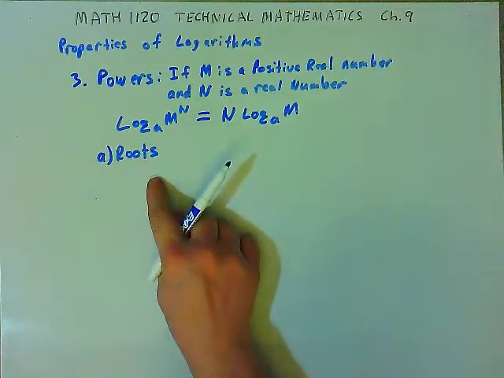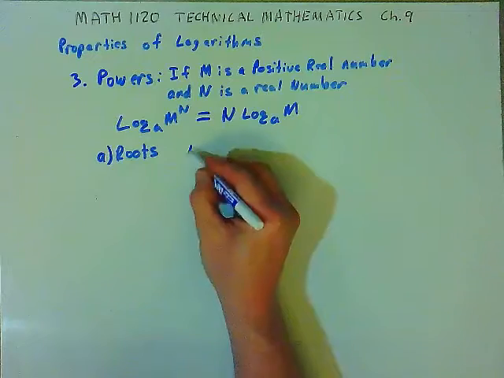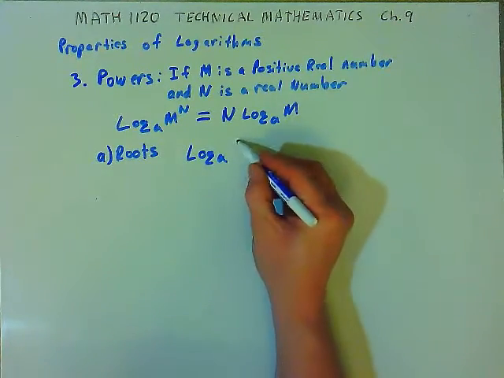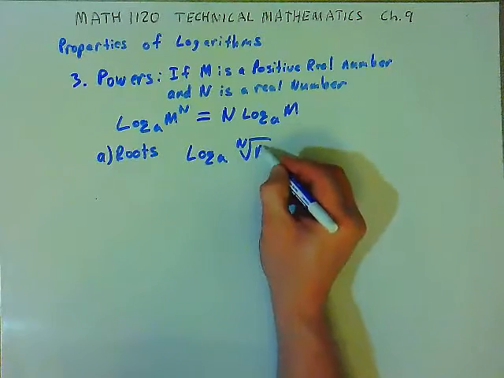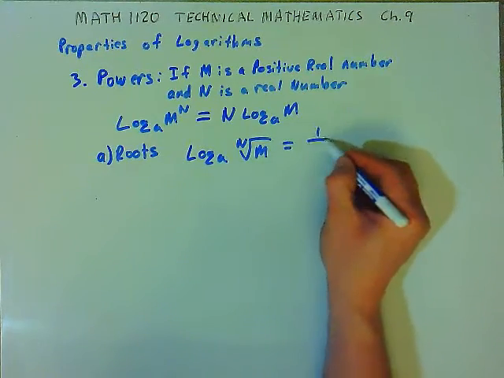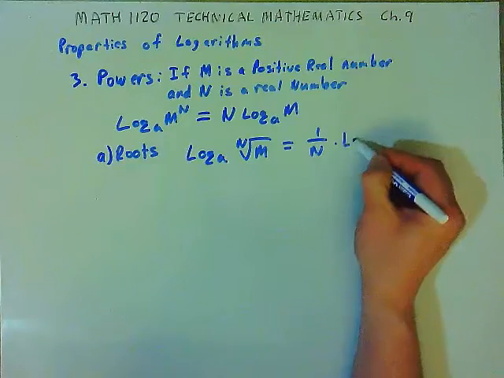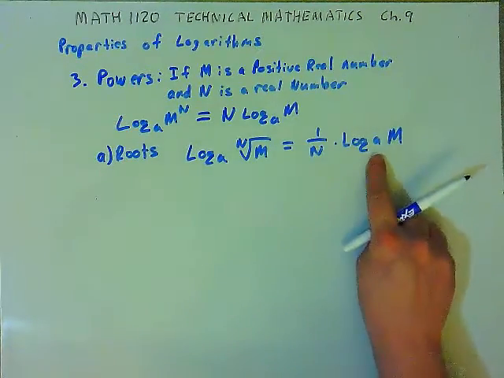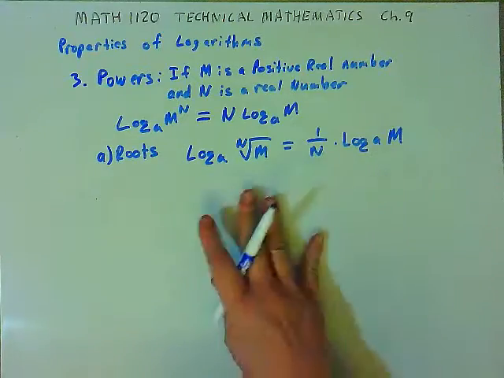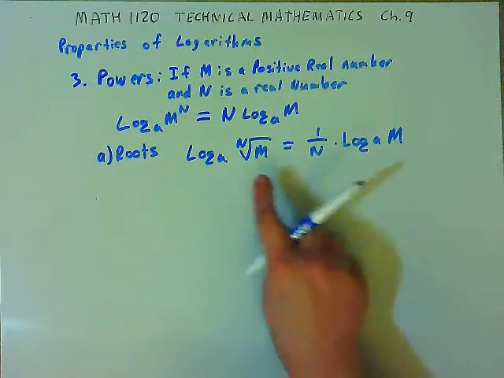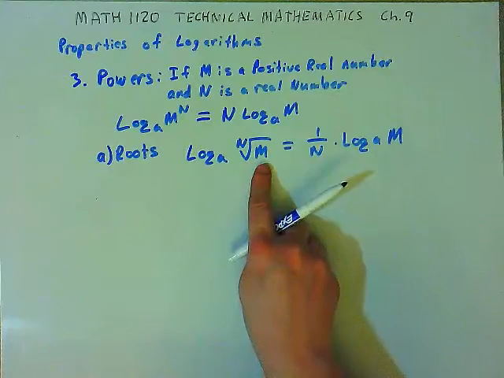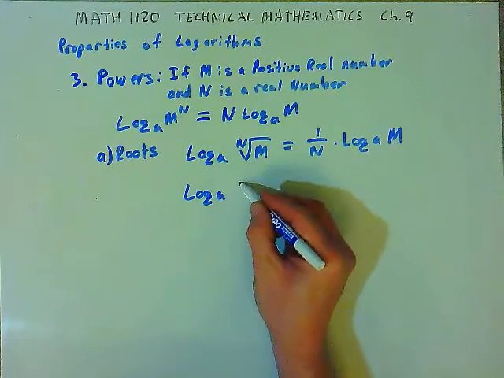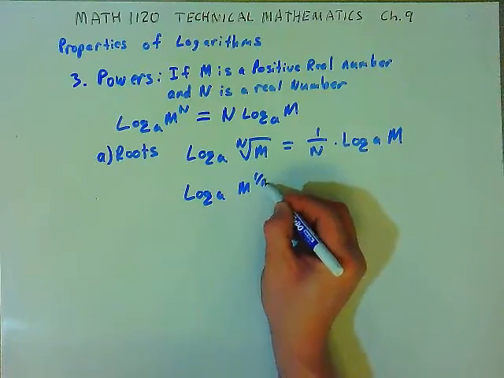And so with roots, we're saying, for example, that the log base a of the nth root of m is going to be equal to 1 over n times the logarithm base a of m. And so the way we come about this is that the nth root of m is the same thing as saying m to the 1 over n power.